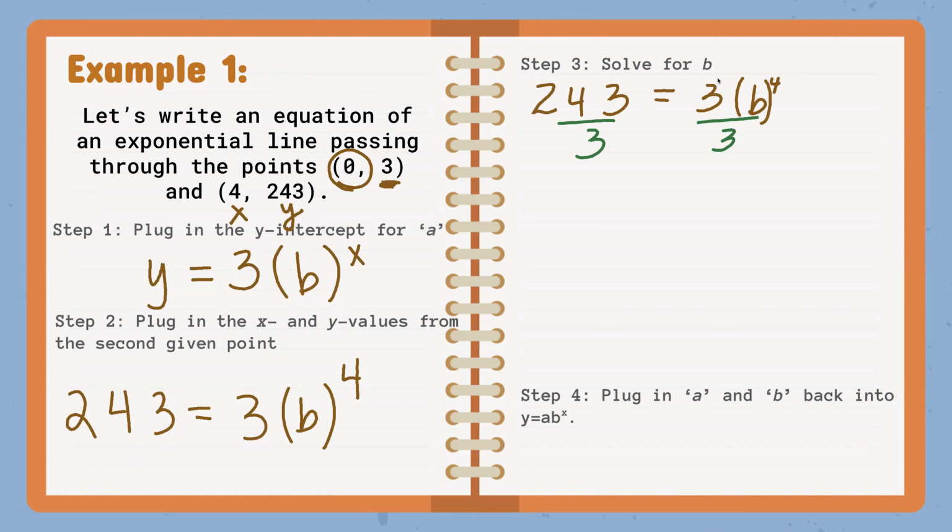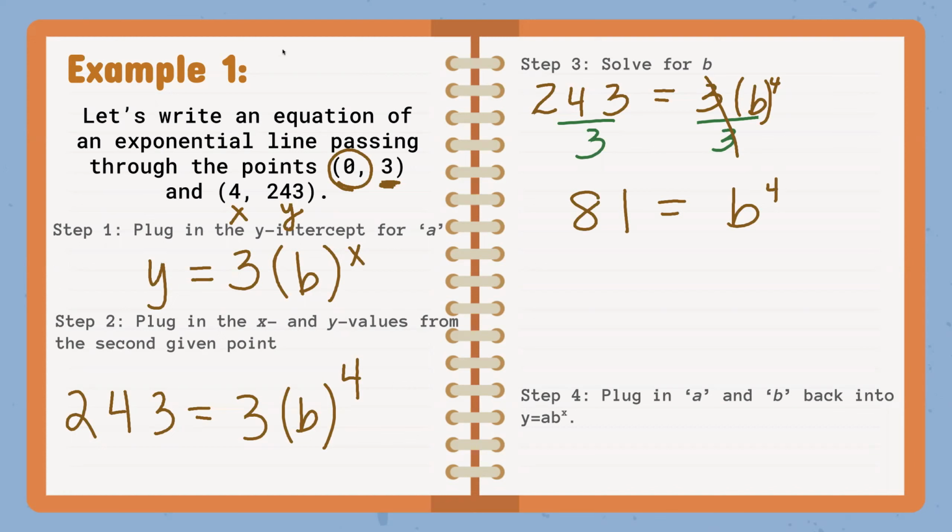And then the 3 is reduced to 1, and I'm left with 243 divided by 3. I'm going to try that in my calculator, and I actually do get 81 is equal to b to the 4th power. How do we undo a power? A root undoes a power.